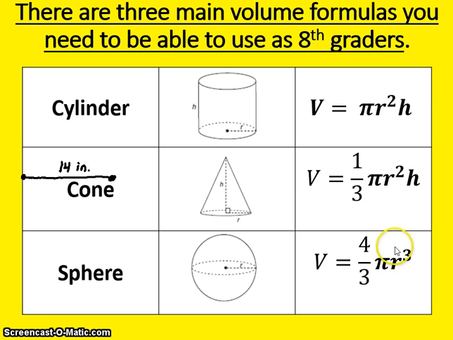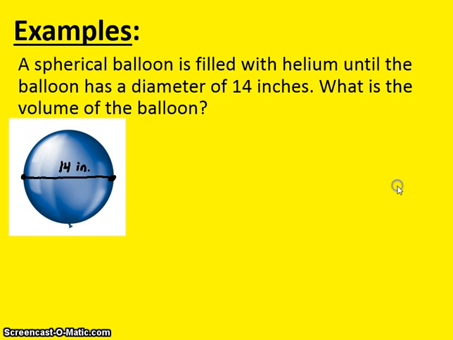We can see that the volume formula for a sphere is volume equals 4/3 times pi times the radius cubed. The first thing that I would always like to see you write down is what that volume formula is. In this case, the volume is equal to 4/3 times pi times the radius cubed.